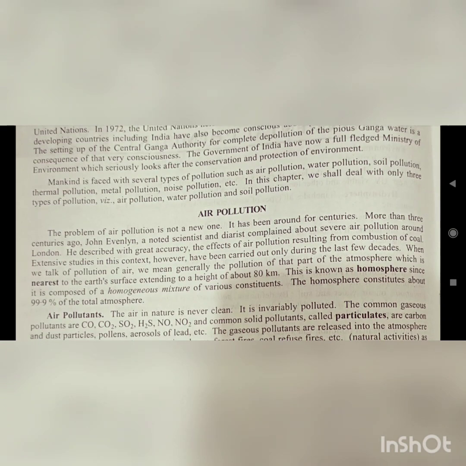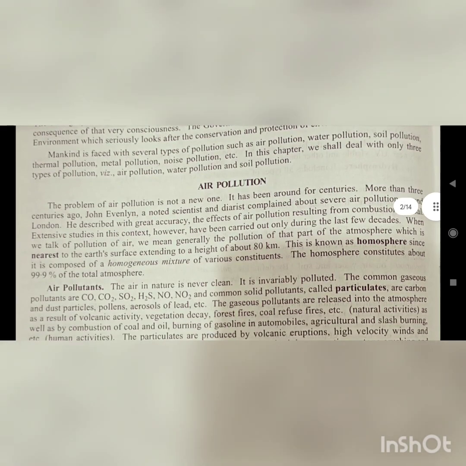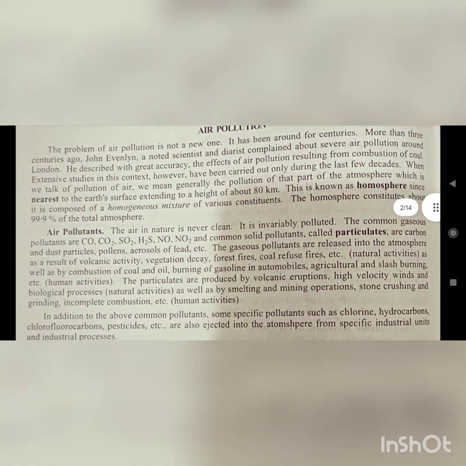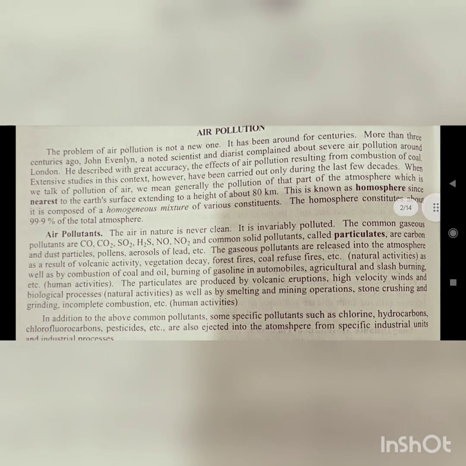Mankind is faced with several types of pollution such as air, water, soil, thermal pollution, metal pollution, noise pollution, etc. In this video, we shall deal with only three types of pollution. Air pollution. The problem of air pollution is not a new one. It has been around for centuries.